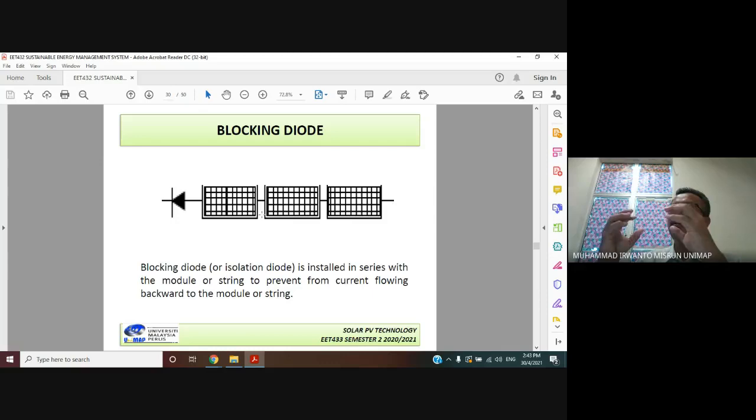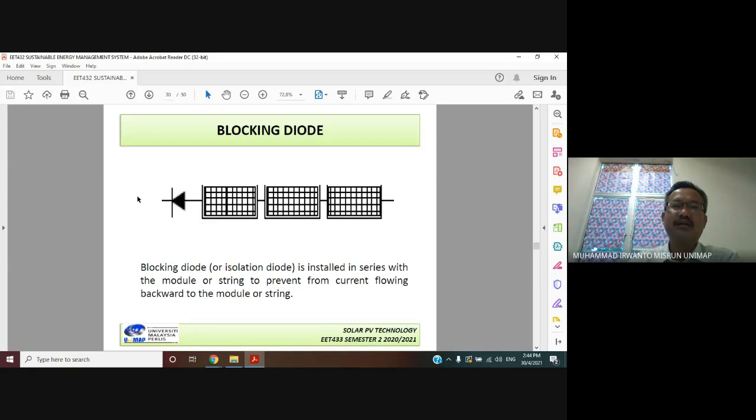So when this condition occurs, we can install one blocking diode. The blocking diode is connected in series with the PV module. Current flows from anode to cathode of the diode.